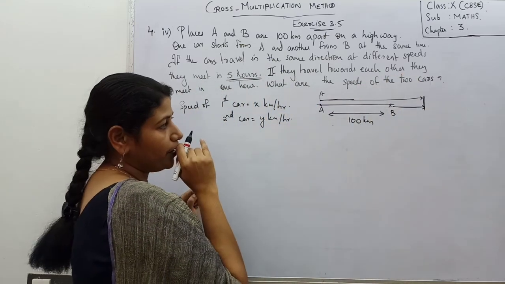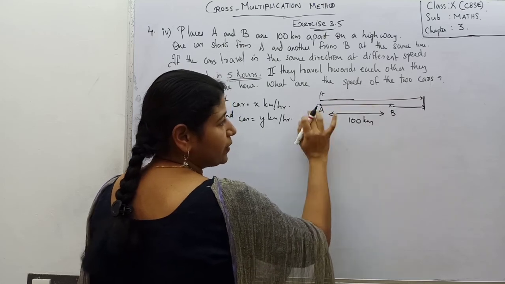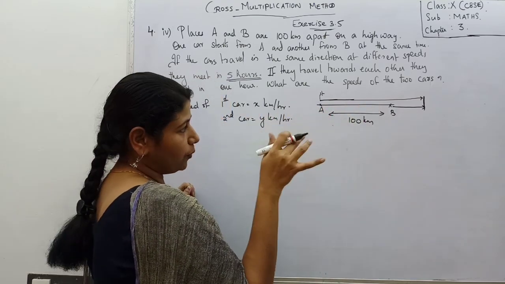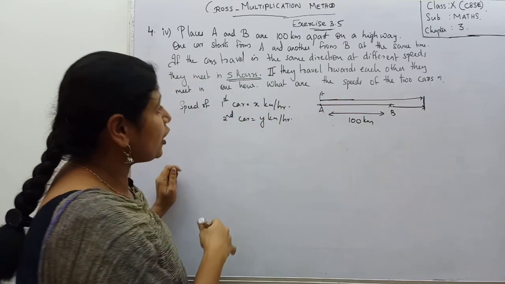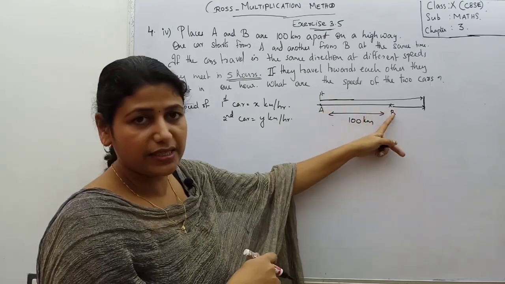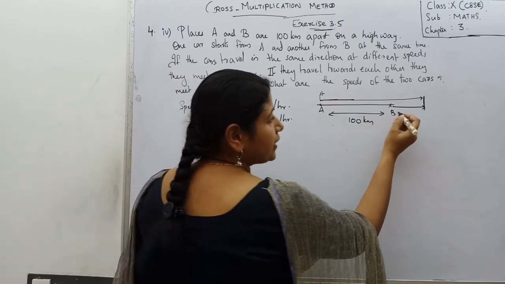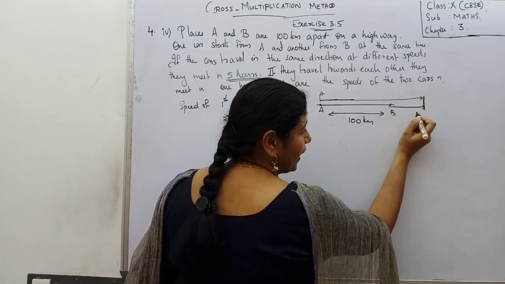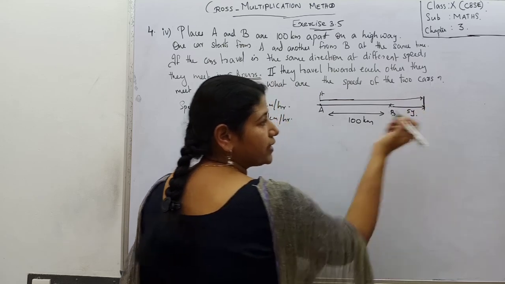So from the distance between A and B, since this is 100 kilometers, if the car takes x kilometer per hour speed, after some time it will reach B, isn't it? Surely it will reach B. And if the speed of the second car is y, then after 5 hours it will reach 5y distance, isn't it?